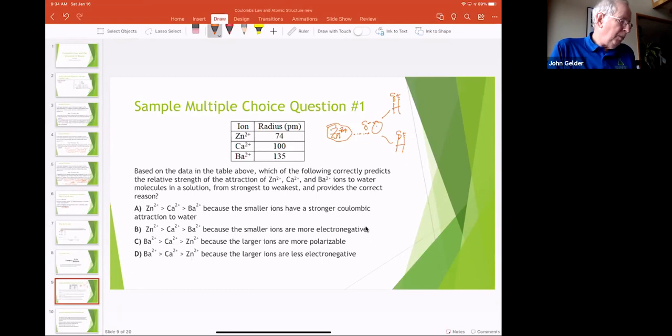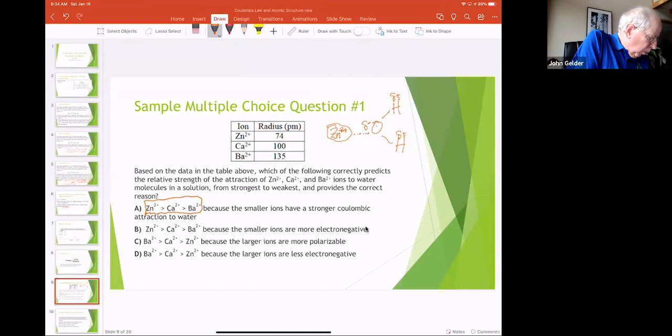And so we should be thinking that the shorter the distance, the greater the attraction. So we want to see the attraction of zinc is the highest to a water molecule, compared to then calcium and then barium, the exact order of their ionic radii.